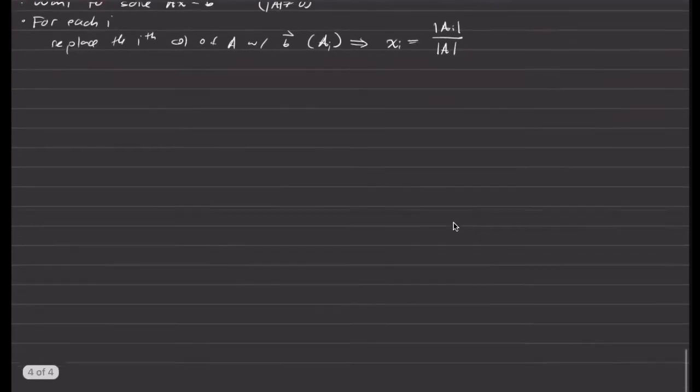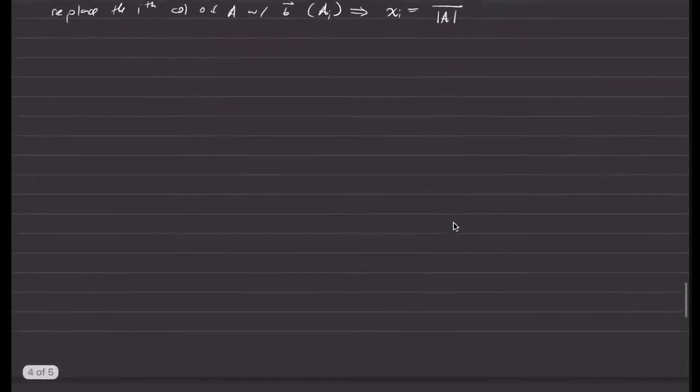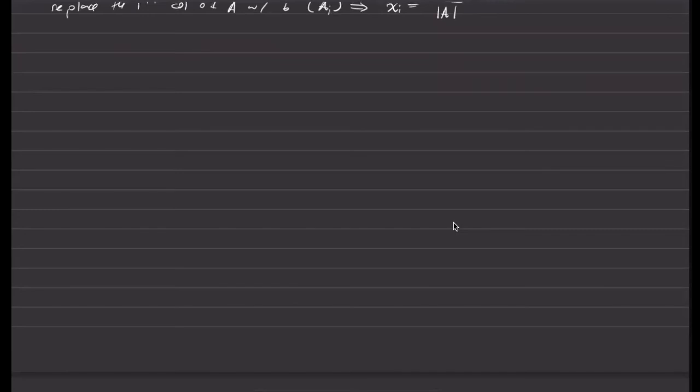Okay, let's talk about minors and cofactors. So for this, let's say we have this example matrix: 1, 2, 3, 4, 5, 6, 7, 8, 9. A minor is just a small section of the matrix. So let's say I want minor 1,1.